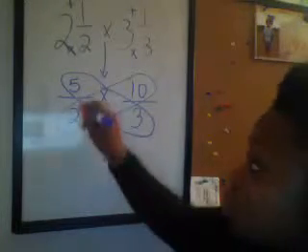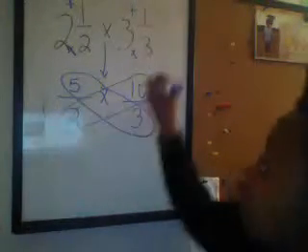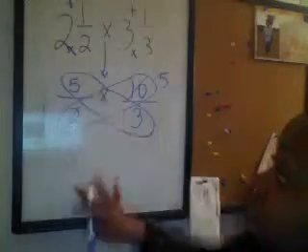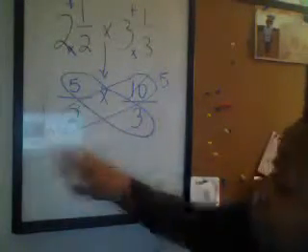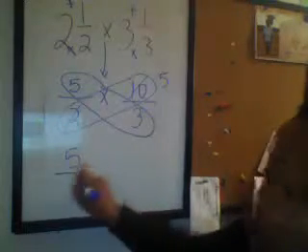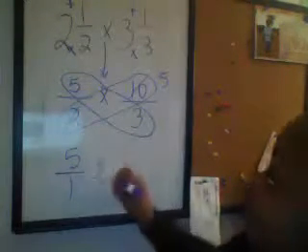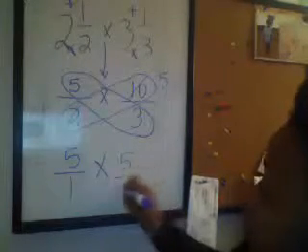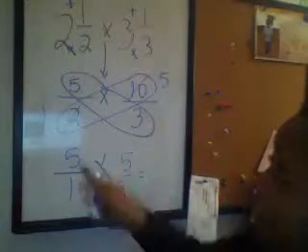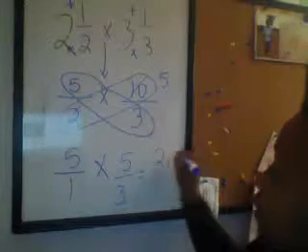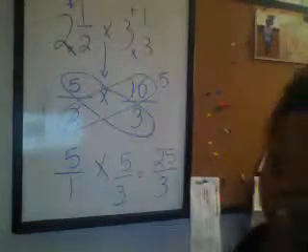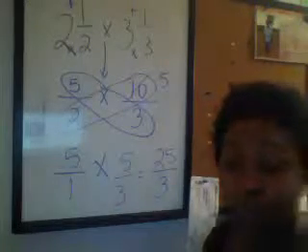Yes, I can. 2 goes into 2 one time. 10 divided by 2 is 5. So my new set of fractions is 5/1 times 5/3. So this equals 5 times 5 is 25 over 1 times 3 is 3. So my answer is 25/3.